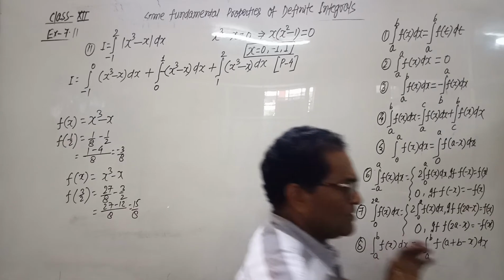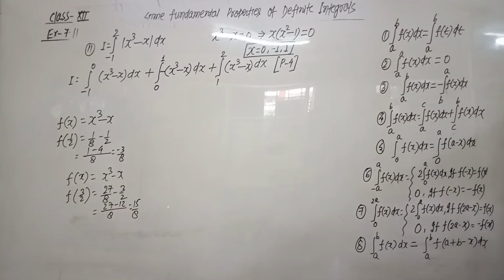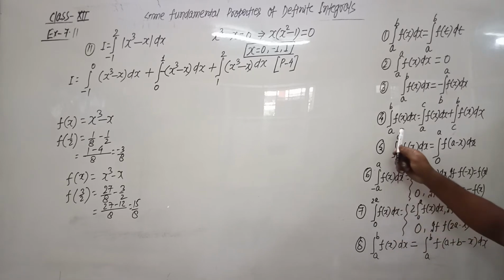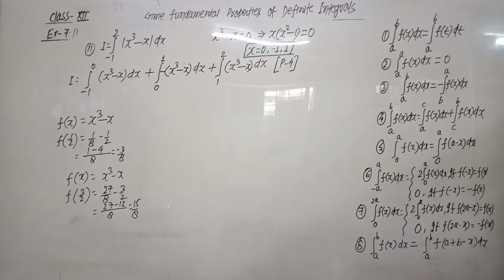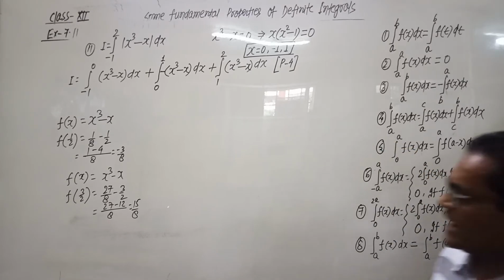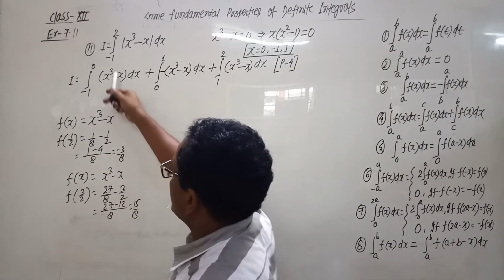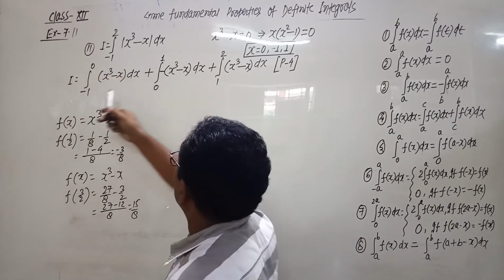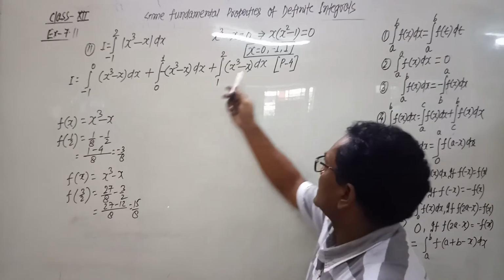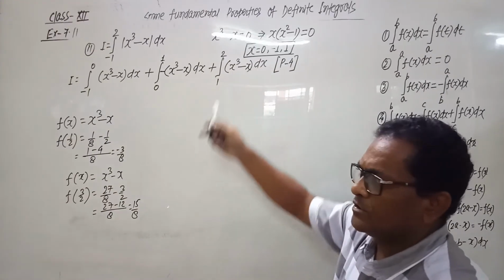So firstly, in the case of a modulus sign, we remove the modulus and make the expression equal to 0. Then we find the value of x. Then we use property number 4, decomposition of a function, and write it in terms of intervals from -1 to 0, then 0 to 1, and 1 to 2.